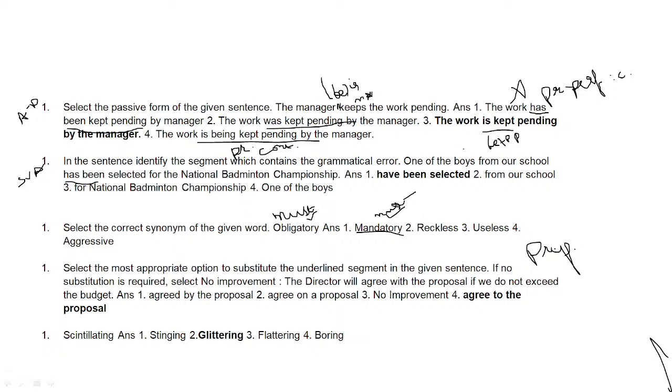But if it is needed, we will do so. Okay. But the basics of that is: the director will agree with the proposal if we do not exceed the budget. Now, how will the change be? Agreed by the proposal, agreed on a proposal, or no improvement, or agreed to the proposal.